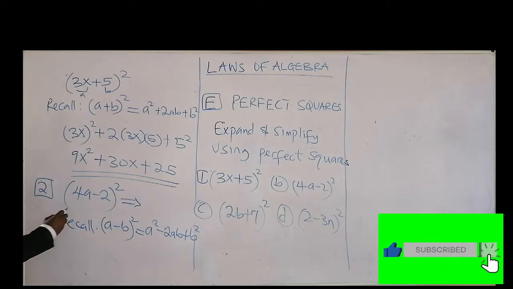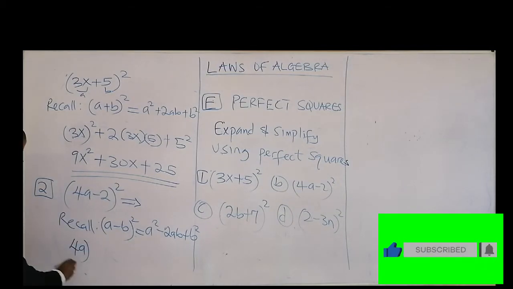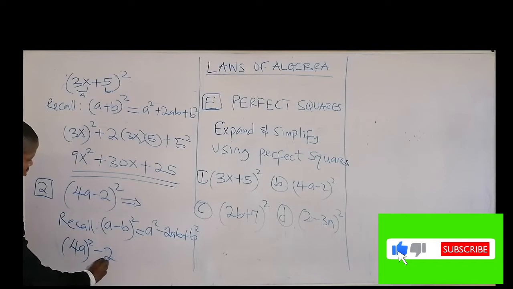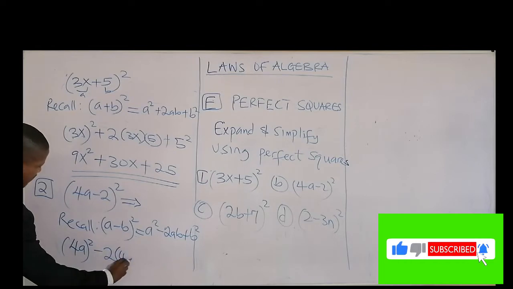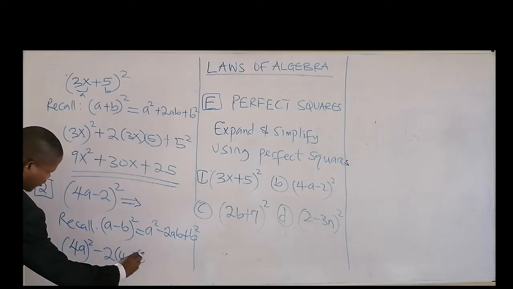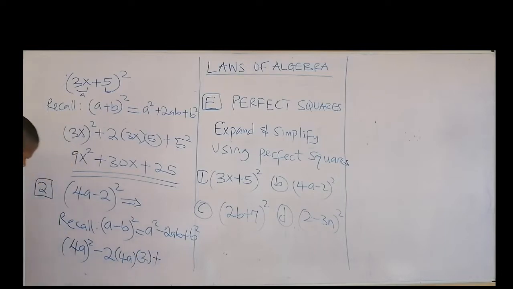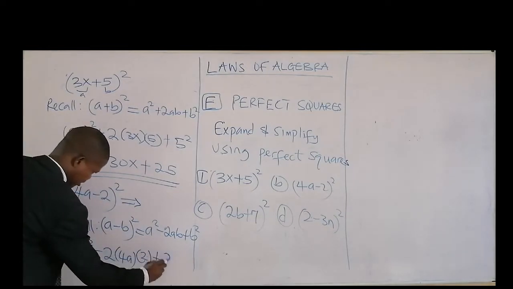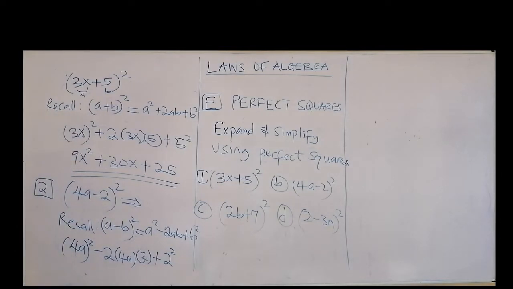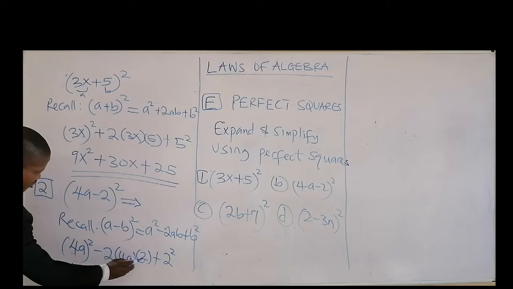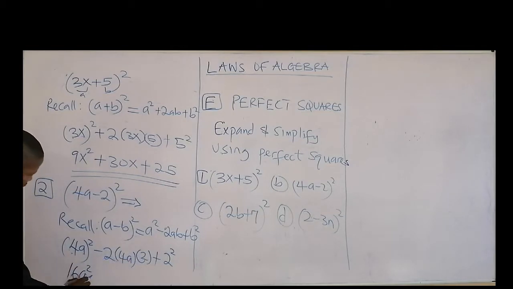So your a is 4a, all squared, minus 2 times a, which is 4a, times b, which is 2, and then plus b squared, which is 4. So 4 squared is 16, that will be 16a squared. 4 times 2 is 8, times 2 is 16a, and then plus 4.